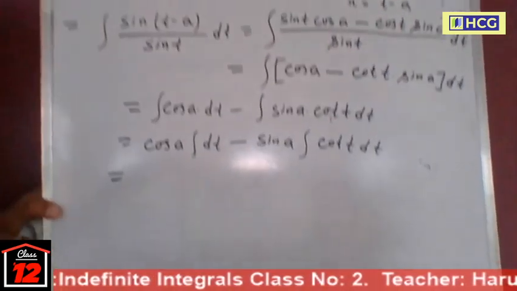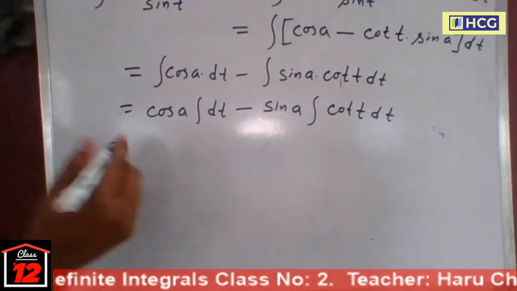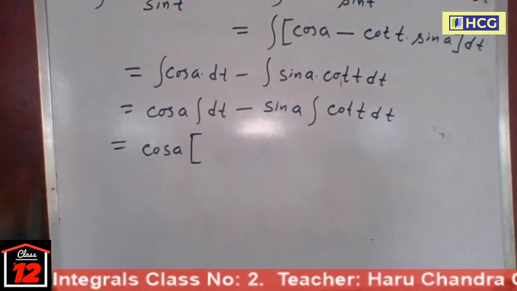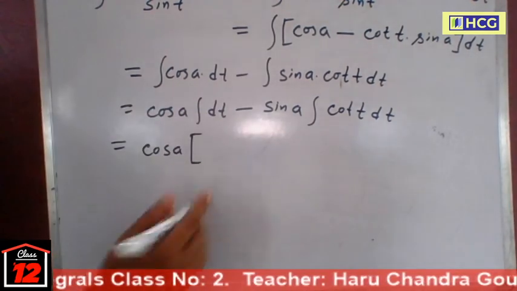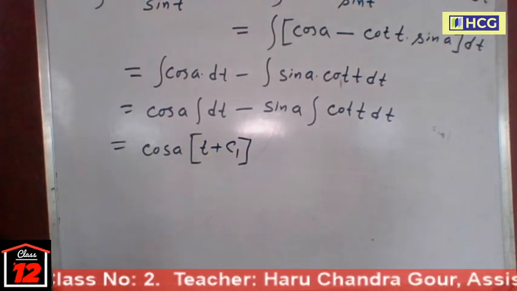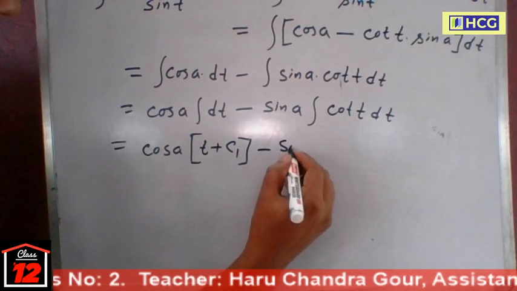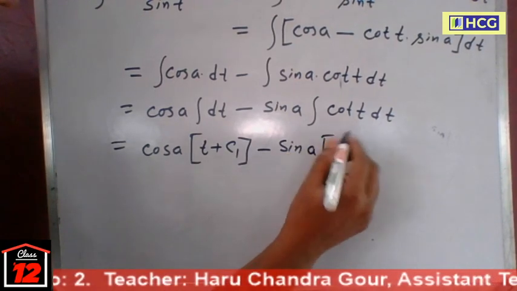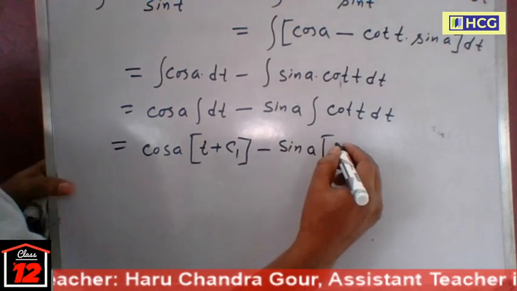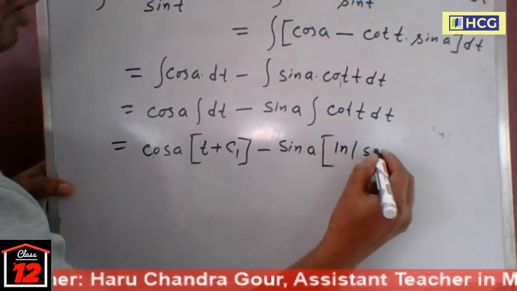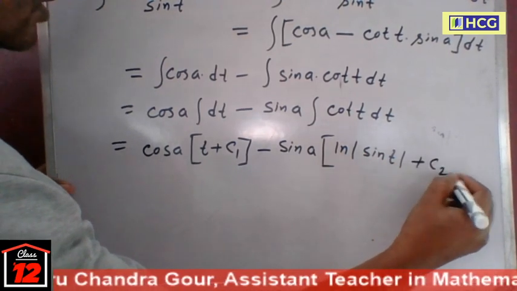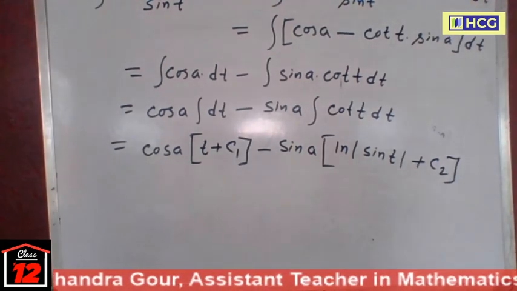Now this is equal to cos a and integration dt. This is an indefinite integral, so this is t plus c1, c1 is an integration constant, minus sin a. Now integration cot t dt is ln mod sin t plus c2. C2 is another integration constant.